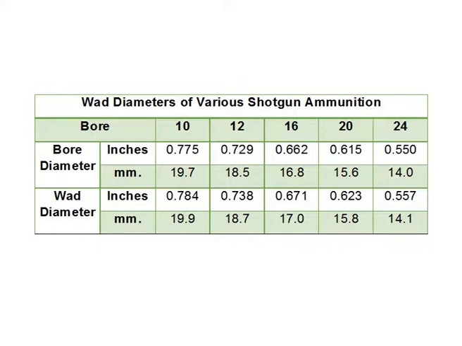For 20, the bore diameter is 0.615 inches and 15.6 millimeter, while wad diameter is 0.623 inches and 15.8 millimeter respectively. For 24, it is 0.550 inches and 14 millimeter in diameter, while wad diameter is 0.557 inches and 14.1 millimeter respectively.